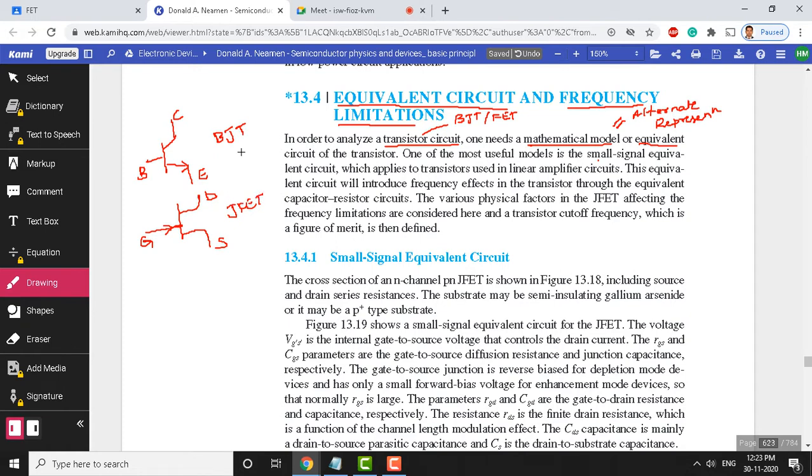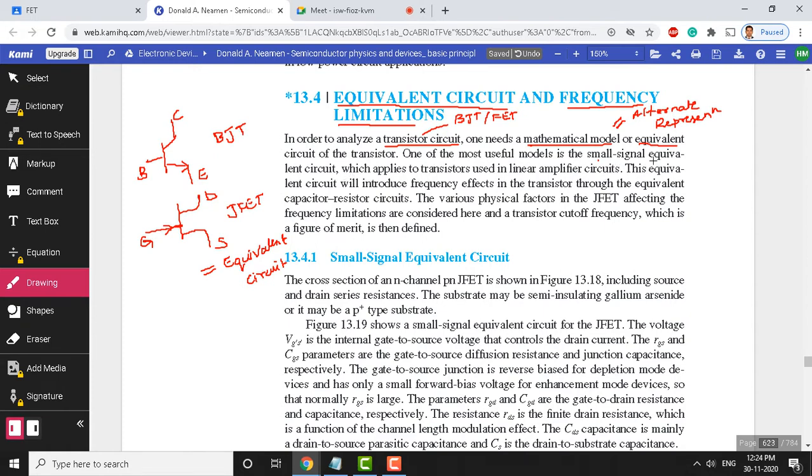Now we are going to find out an equivalent for this JFET. What is the equivalent of this? Okay, equivalent circuit for JFET. So that helps us to understand how exactly JFET works. One of the most useful models is the small signal equivalent circuit model.